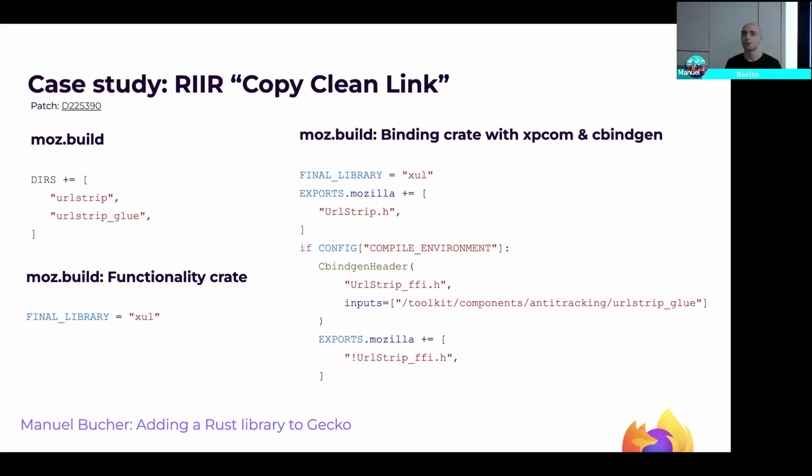For the functionality crate, you just need one line of moz.build, which is the final library here. And if you want to have bindings, including auto-generated bindings from cbindgen, you need a few more lines, but it's not that scary at all. Next slide, please.